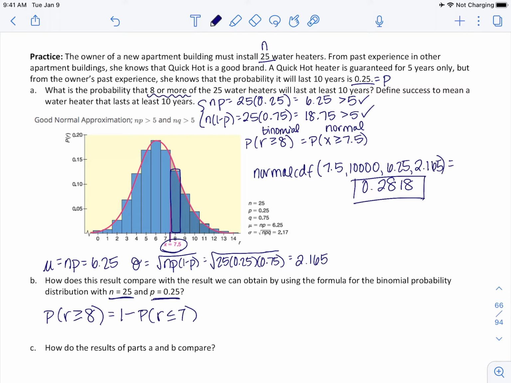Please find this one. We can do 1 minus binomial CDF, with 25, 0.25, 7. And this gives us 0.2735.